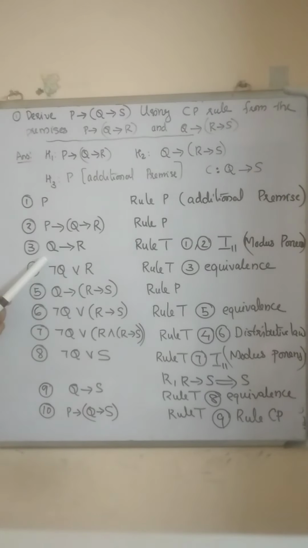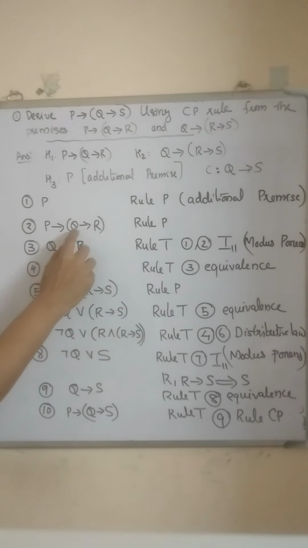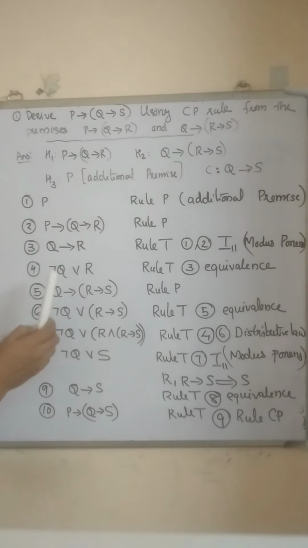By modus ponens, it is Q conditional R. Remember the modus ponens rule I11: P, P conditional Q implies Q. Here it is P, P conditional Q conditional R, so it is Q conditional R. Also, we know that Q conditional R is equivalent to negation Q or R by the equivalence.